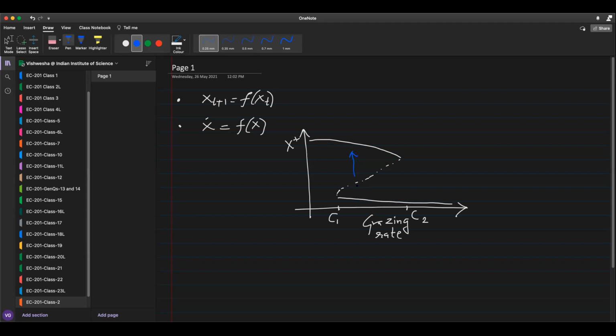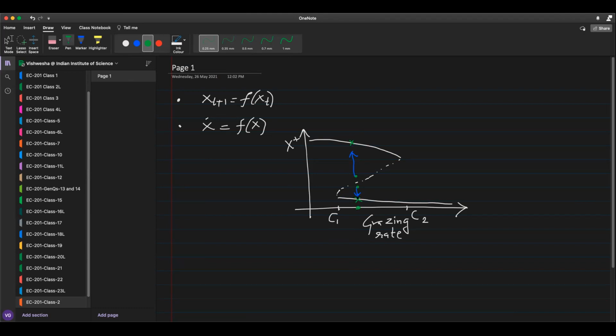Whereas if you were to the other side of this dotted line, the population will reach this lower equilibrium. What is interesting here is that the grazing rate is the same for both of these outcomes. The only difference was that the initial conditions were different, one on one side of the equilibrium, the other on the other side.